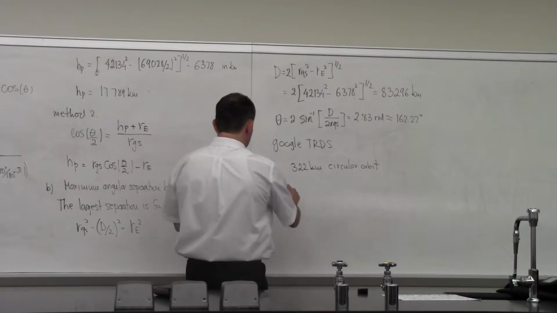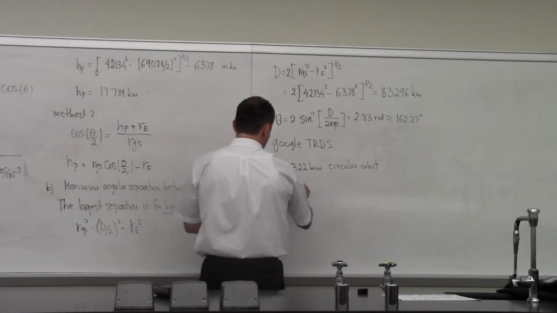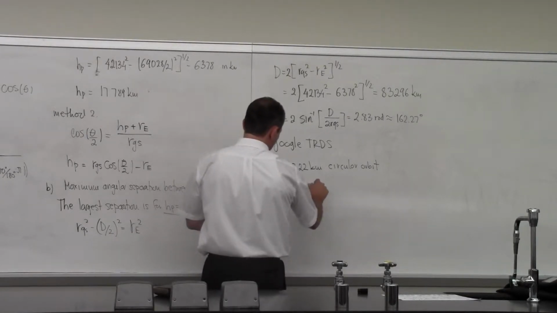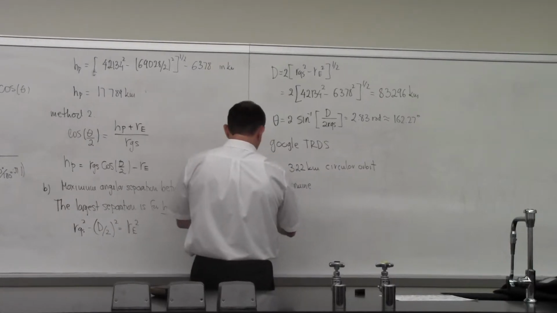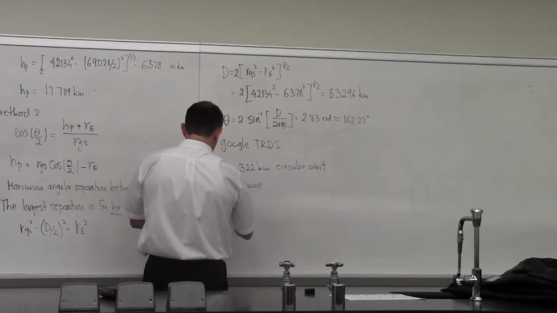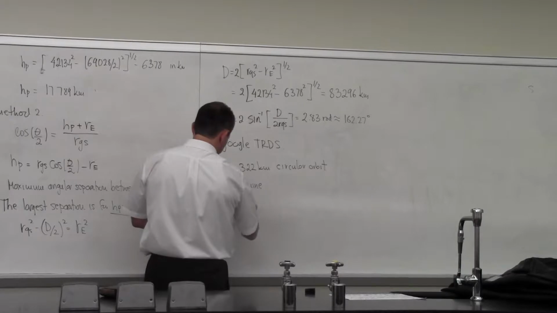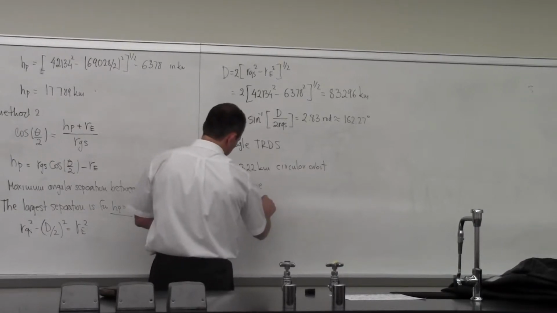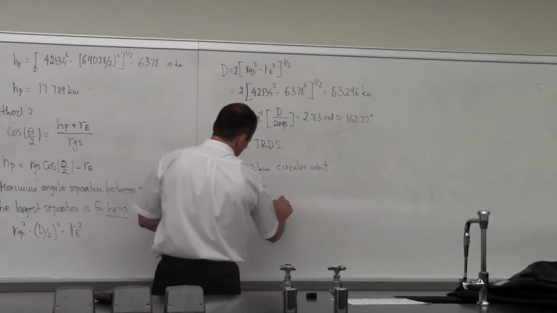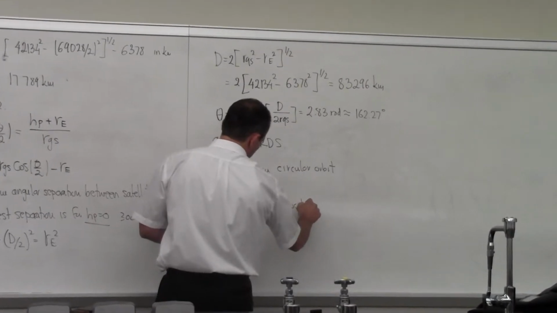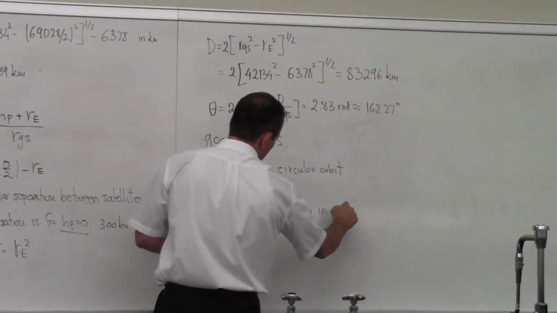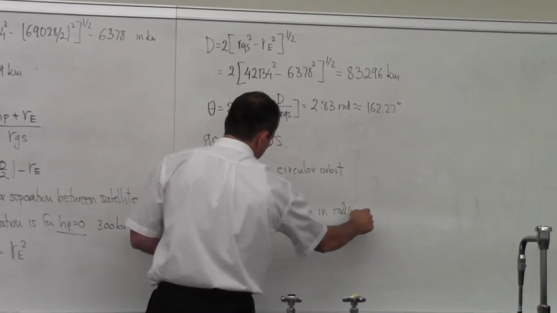Determine part A, orbital angular velocity in radians per second.